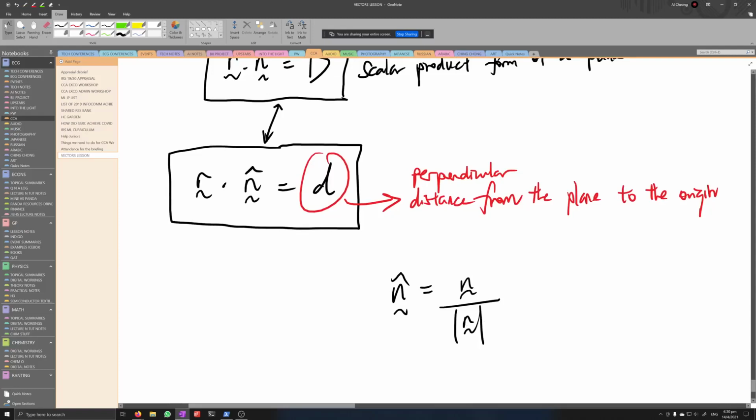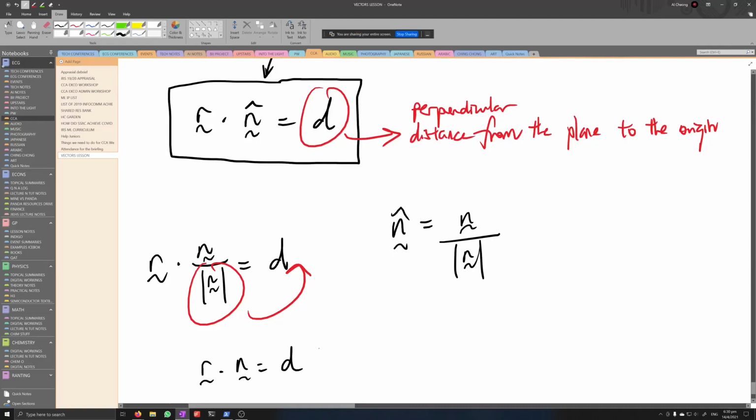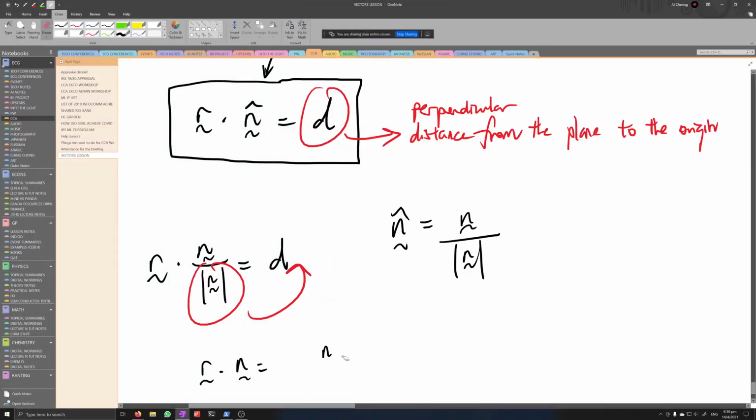That means that if I were to put it back here, it will be like that. Then if I were to take this and throw it to the right side, it will become like that. So this here is the big D. Does that make sense?